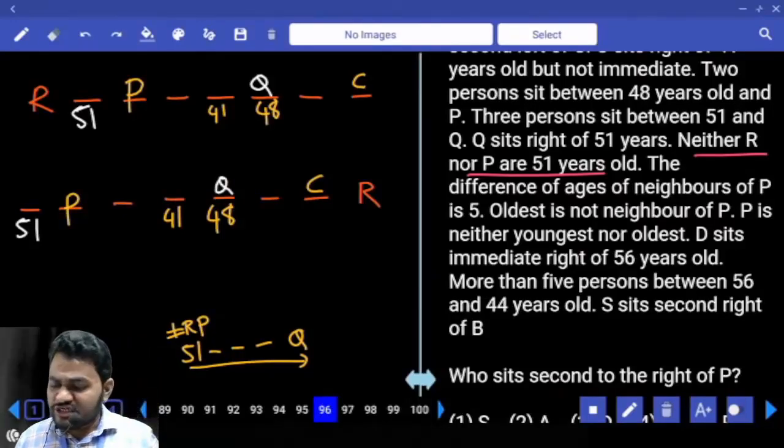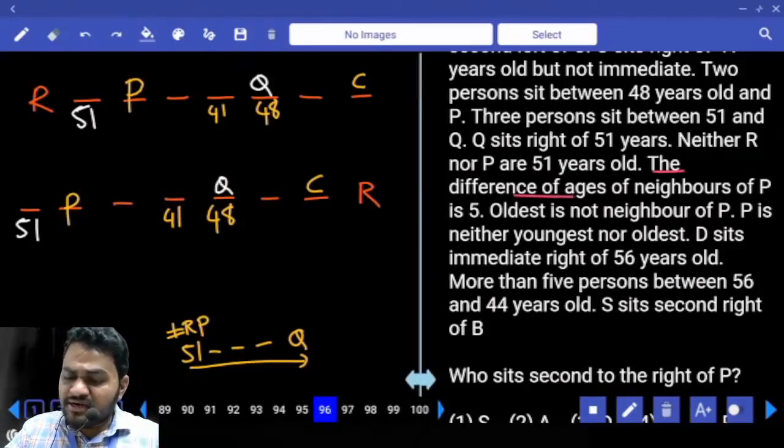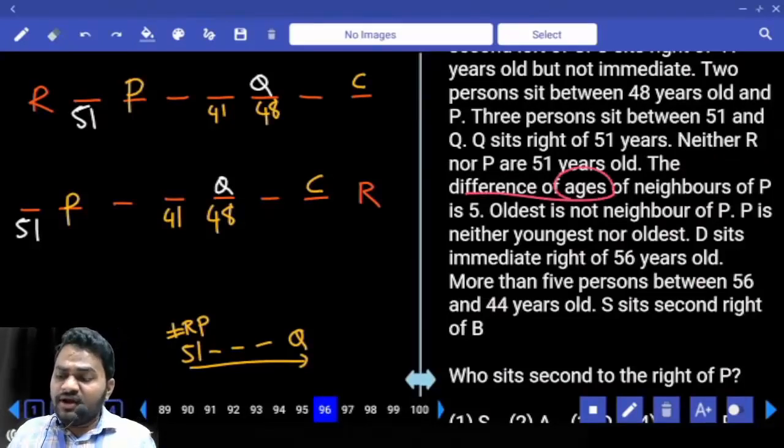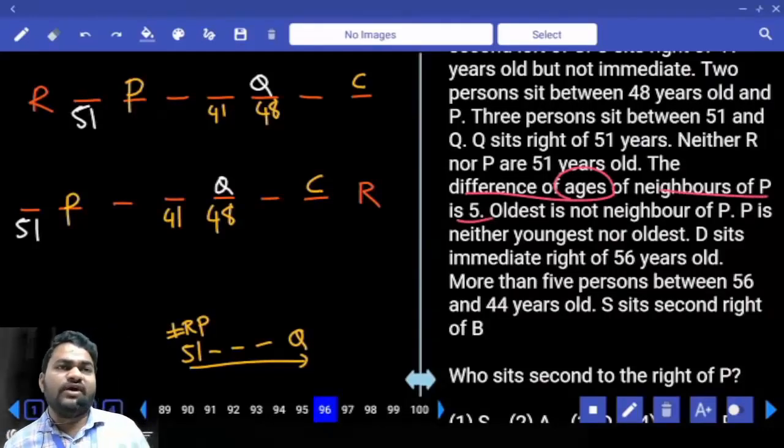Right. The next condition, the difference of ages of immediate neighbors of P is 5.